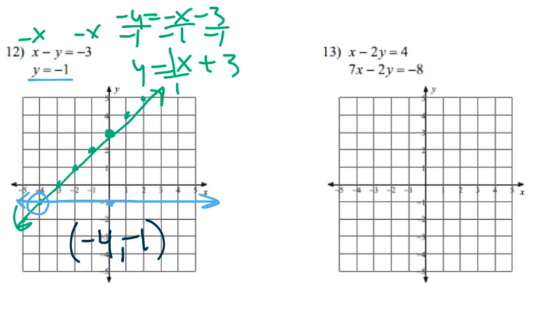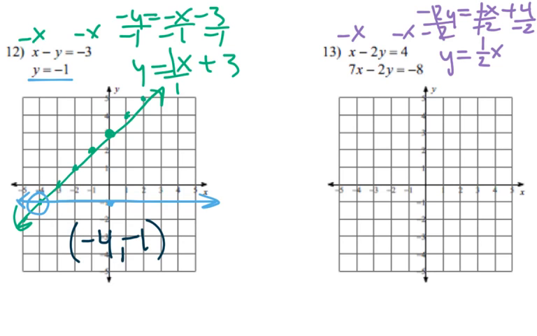Okay, 13, now we've got two standards, so we just keep changing them to slope-intercept form. Negative 2y equals negative x plus 4. Divide by negative 2. That becomes 1, so we get y equals negative over negative is a positive, x over 2 is like 1/2 x, minus, because 4 divided by negative 2 would give us negative 2.